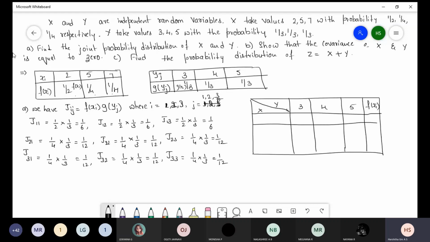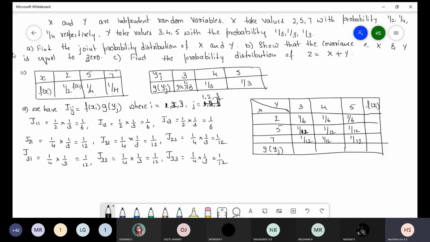X values 2, 5, 7. Here g of yj. j11 value is 1 by 6, j12 is 1 by 6, j13 is 1 by 6, j21 is 1 by 12, j22 is 1 by 12, j23 is 1 by 12. Next, j31 is 1 by 12, j32 is 1 by 12, j33 is 1 by 12.